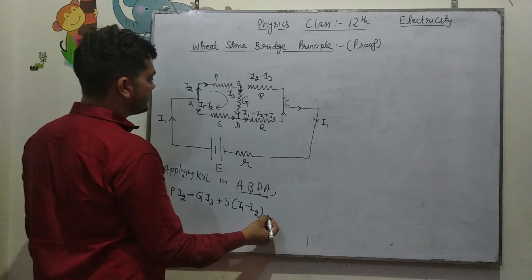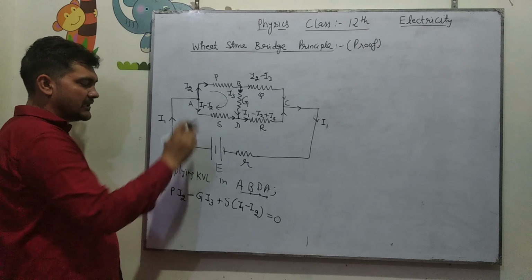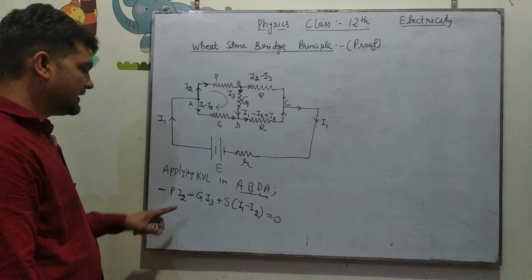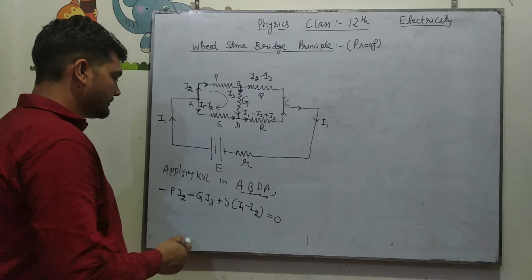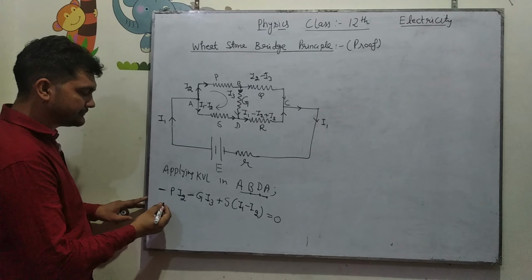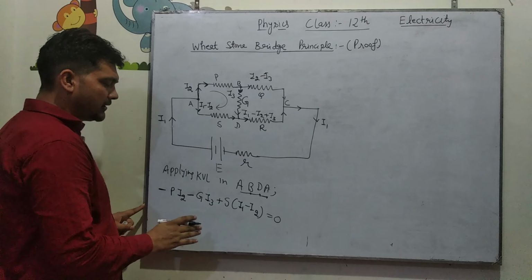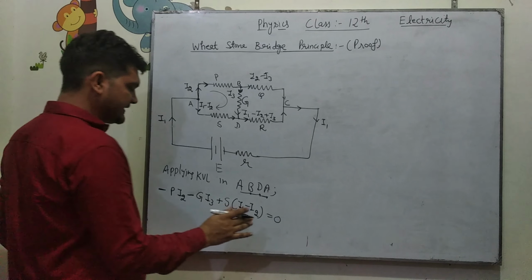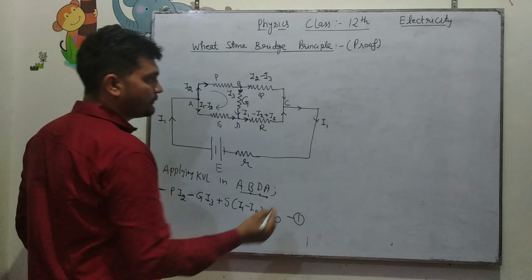So you can equate this to 0 because you reach the initial point A. You can simplify this equation, or you simply leave it as it is. Say this is equation number 1.